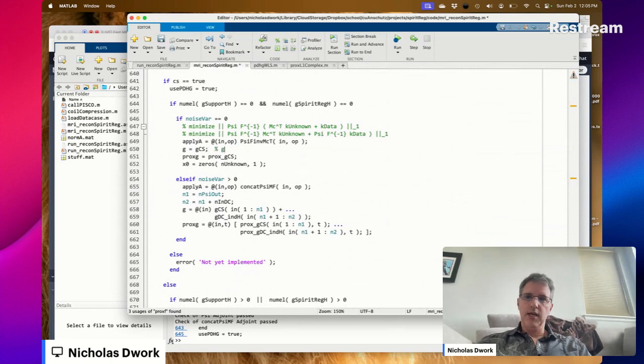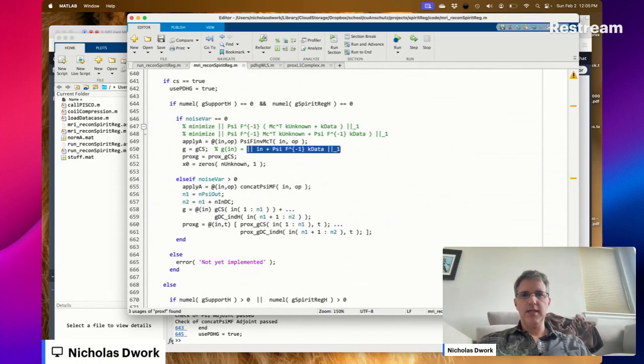So G is equal to the L1 norm of in plus psi F inverse K data. And the prox of G is just the prox of that function. So it's soft thresholding with a plus on the inside and a subtraction on the outside.